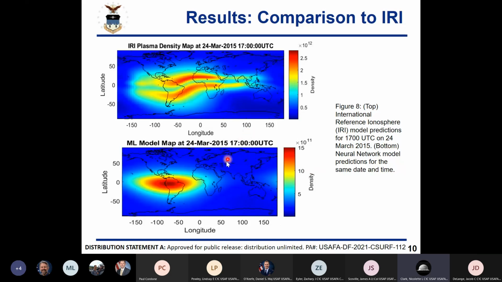Additionally, the other thing that you'll probably notice right away is the model did not predict the same resolution of spatial features that IRI does. So in IRI, you can see the separation between the crests of the Appleton anomaly, and our model does not show that. And we think the reason for this is insufficient data, because we just do not have enough data over time to resolve those different spatial features.